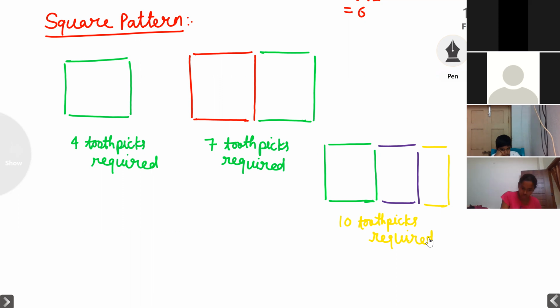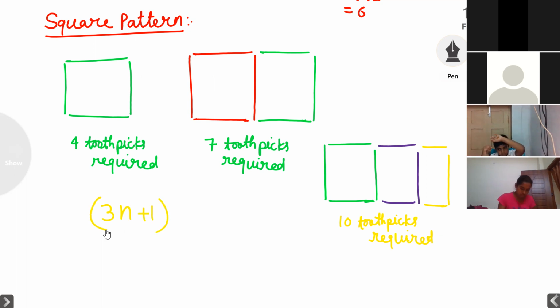One square, 4 toothpicks. 2 squares, 7 toothpicks. 3 squares, 10 toothpicks. Now what formula am I getting? 3n plus 1.